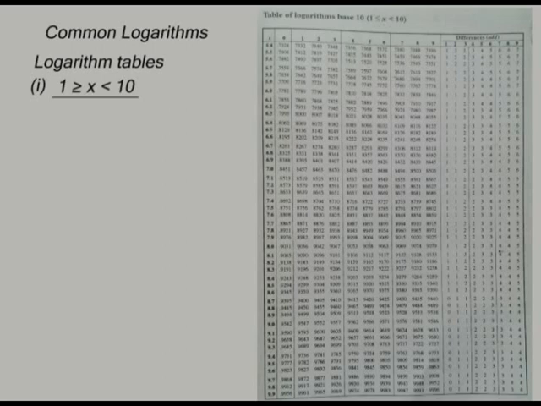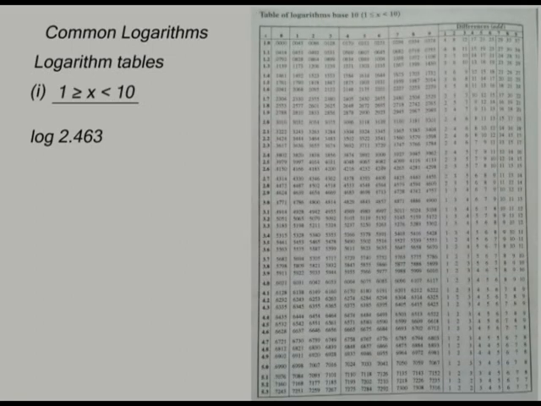For instance, log 2.463. We go to the tables. 2.4 is here. Next is 6. The column of 6 will meet us here. Notice that the numbers begin with 0 point, and so this is 0.3909.